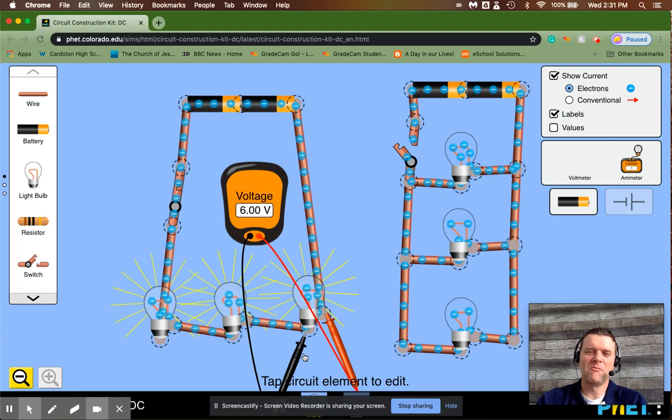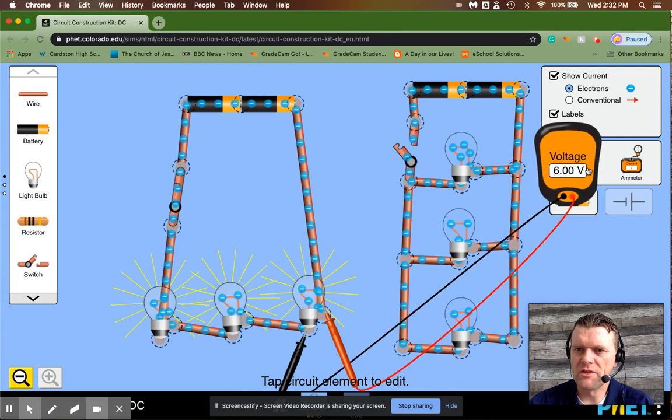So can you see how that works? The voltage is shared over all 3 light bulbs. And so what it means is there's only 6 joules of energy per coulomb of charge. Like these little blue dots going around could represent coulombs of charge. And it's only getting 6 joules of energy per coulomb of charge to each light bulb.